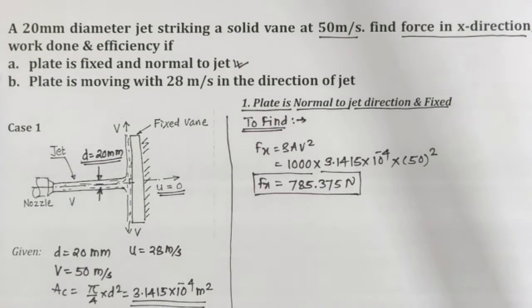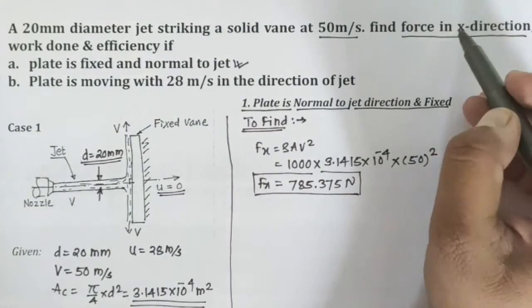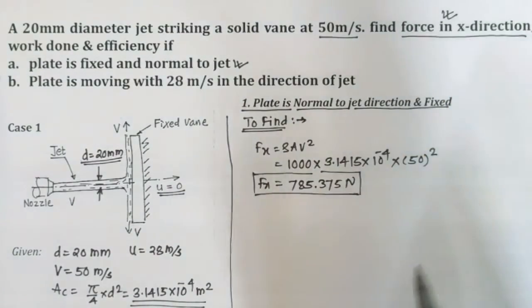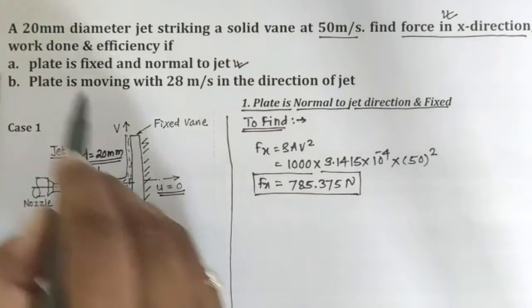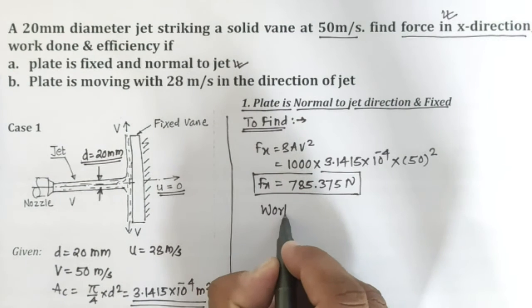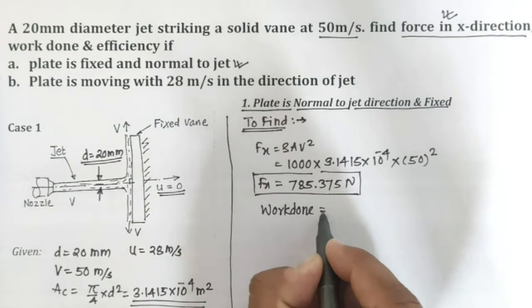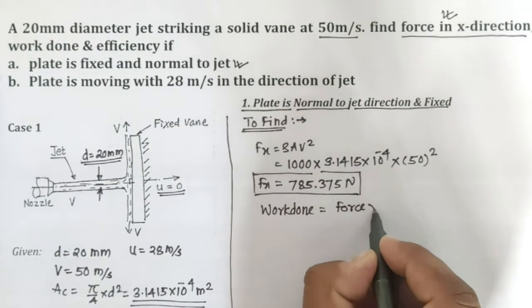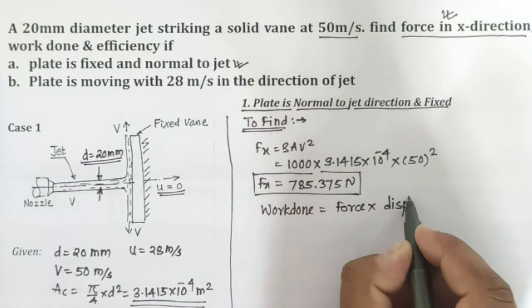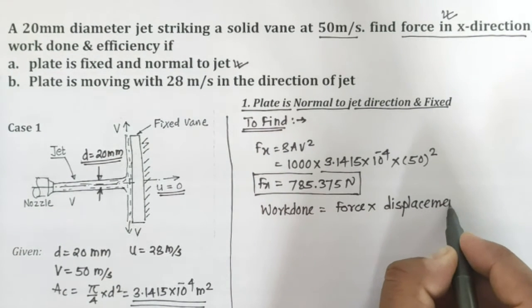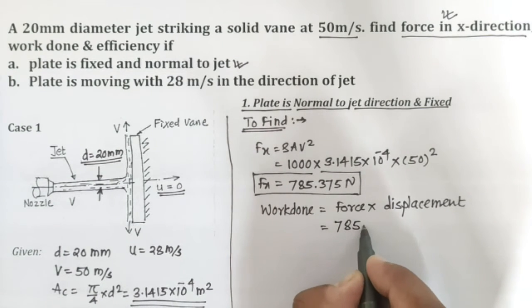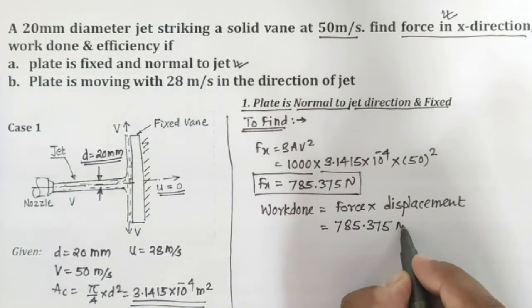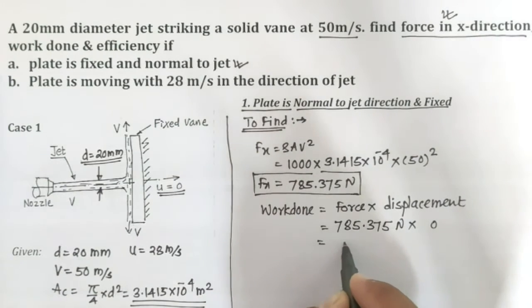Now if we have found this, we don't have a displacement because this plate is fixed. So work done is equal to force into displacement. That force is 785.375 Newton, into displacement, which in this case is 0.